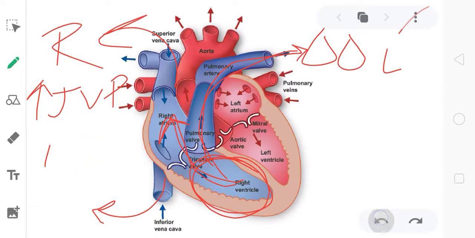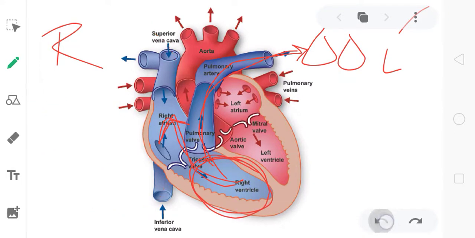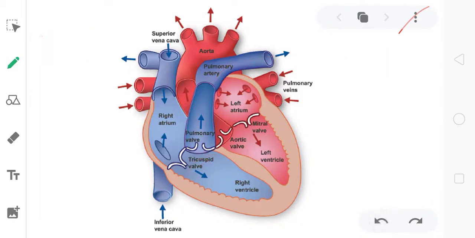Now we will discuss the left heart failure. In case of left heart failure, there is less contraction or failure of contraction of the left ventricle.